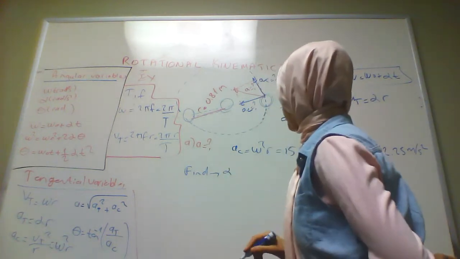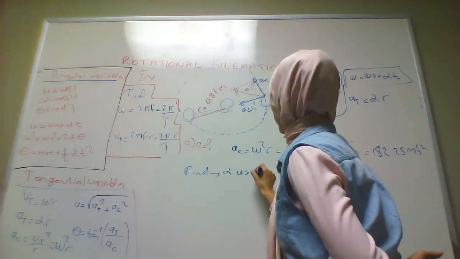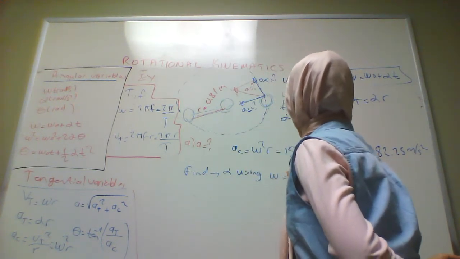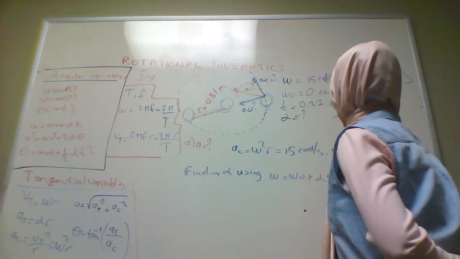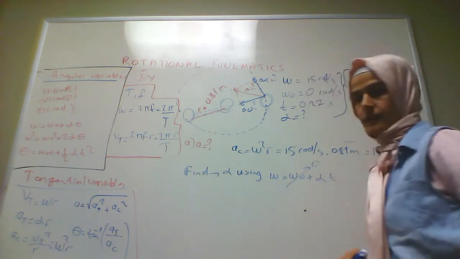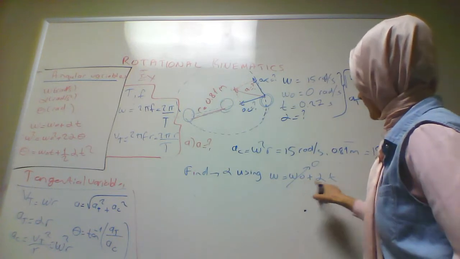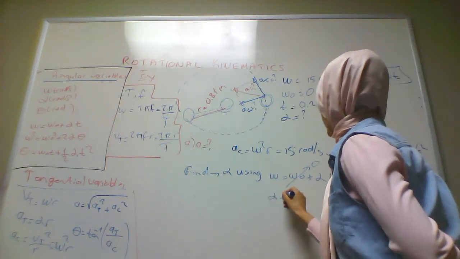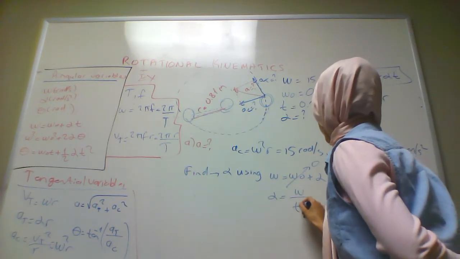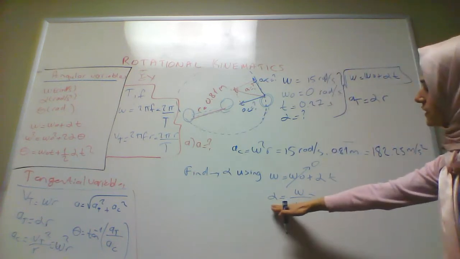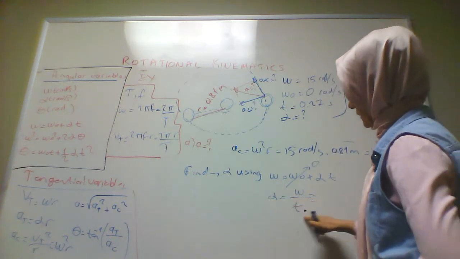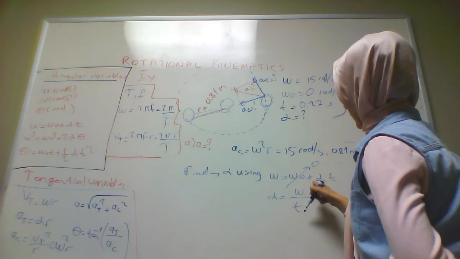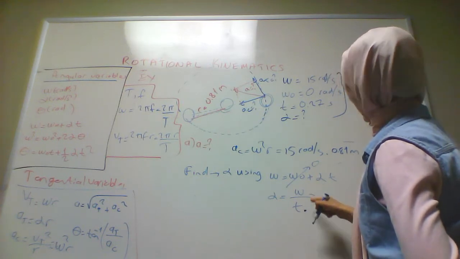Find alpha using omega is equal to omega 0 plus alpha t. Omega 0 is 0, cancels. We know time, we know omega, so alpha will be equal to omega over t. Instantaneous acceleration, angular acceleration is also equal to that, coming from the same equation. So what is omega?